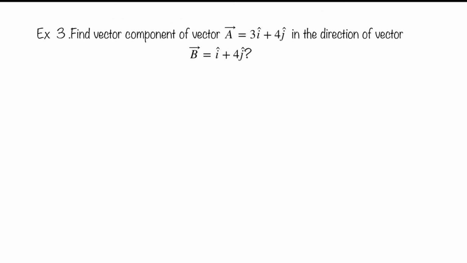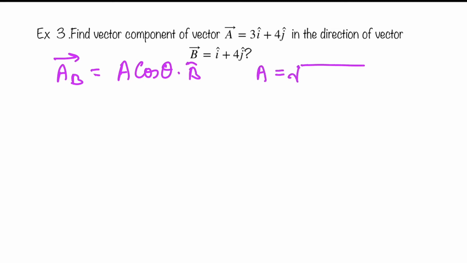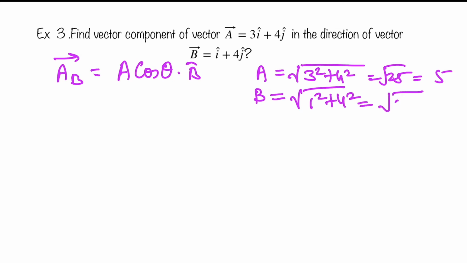Now let's find out the vector component of vector A in the direction of vector B. The component of vector A in the direction of B can be written as A cos theta B cap. Here the magnitude of vector A is square root of 3 squared plus 4 squared, which is square root of 25, equal to 5. Similarly, the magnitude of B is square root of 1 squared plus 4 squared, which is square root of 17.